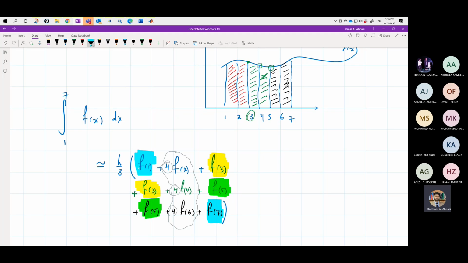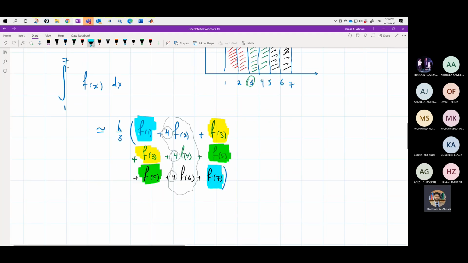Is that clear? So you know what? We can generalize it now. We can say that integrating any function using Simpson's rule, dx, equals h over 3, the width of the interval, multiplied by the function evaluated at the first limit, plus. So what is the common thing over here? They are all even.